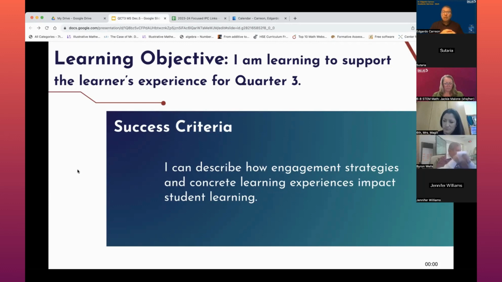So we're trying to promote more of these engagement strategies as we prepare for, or deliver, a PD for SILT members. And we hope that you can get some of those pieces, the concrete experiences and the engagement strategies, in this session.